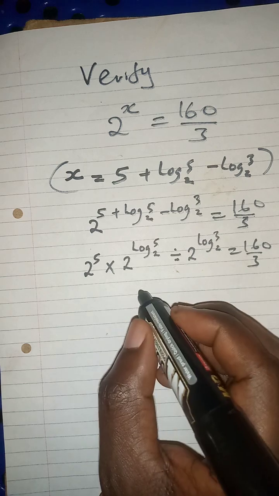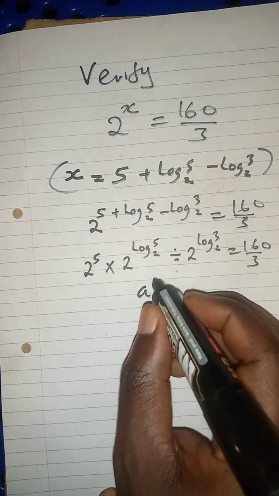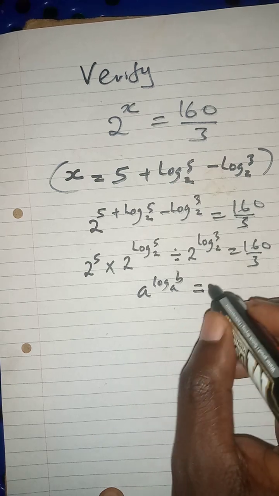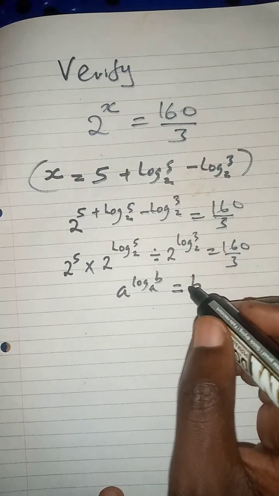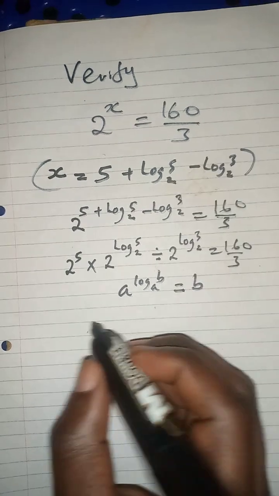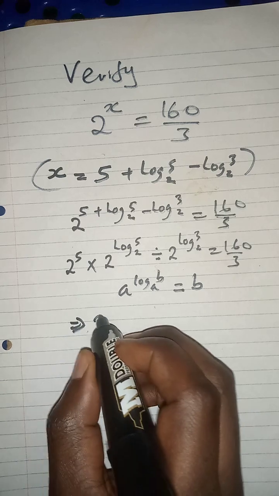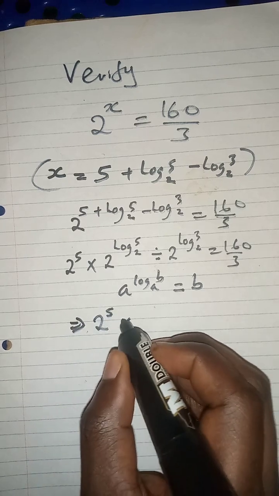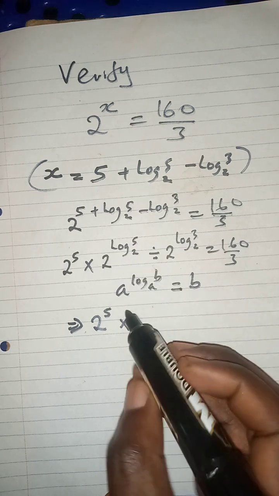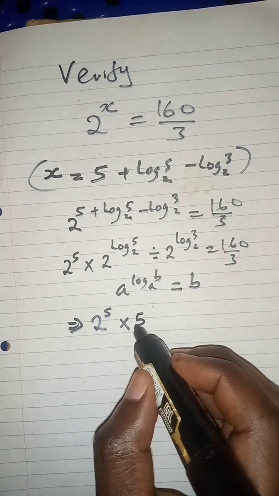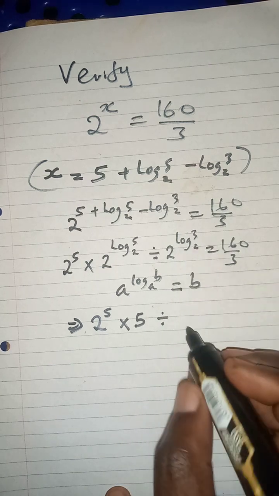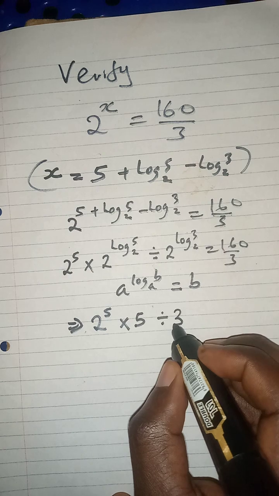Then you're going to recall again that if you have a raised to the log of b base a, then this automatically gives you b. Applying this knowledge, my equation now changes to 2 raised to 5 multiplied by this and this, the bases are the same, so it disappears and I get 5. Then I'm going to divide by this, and this disappears, and it remains 3.